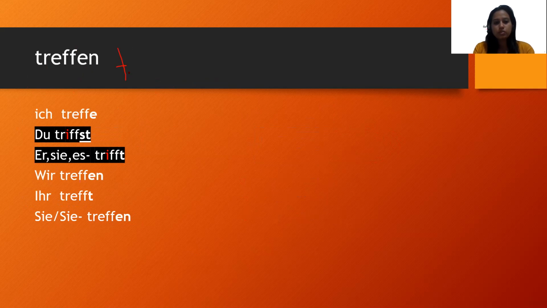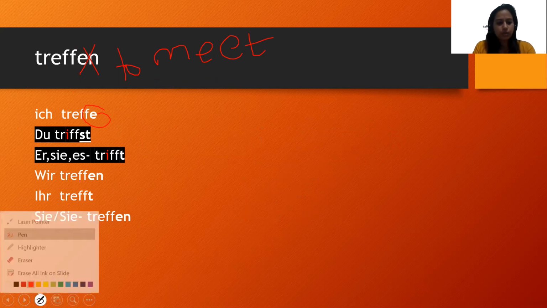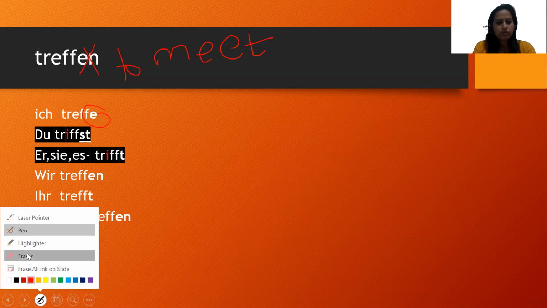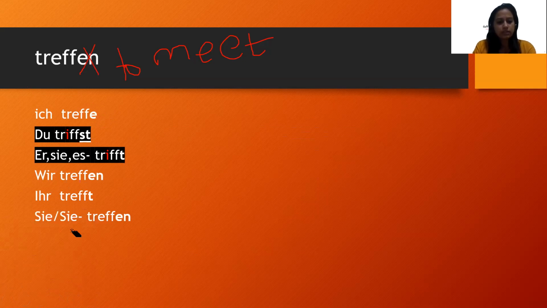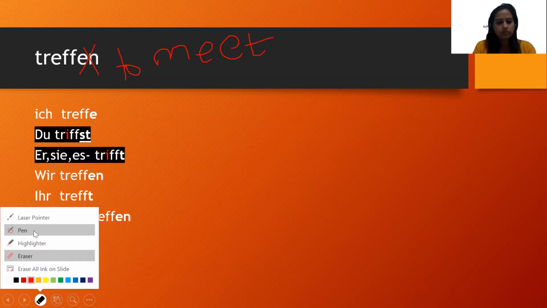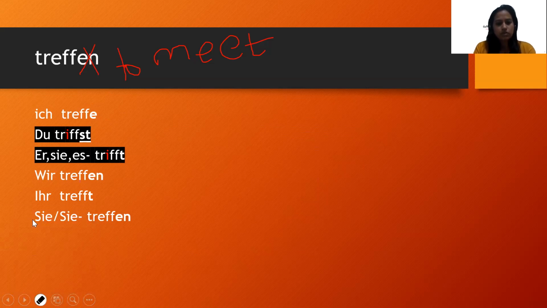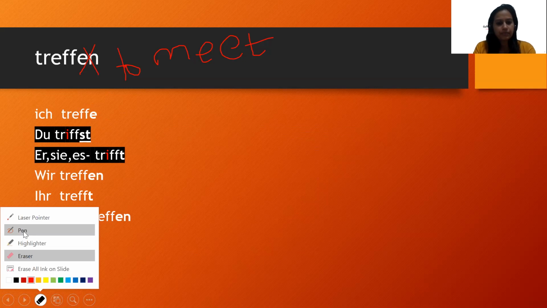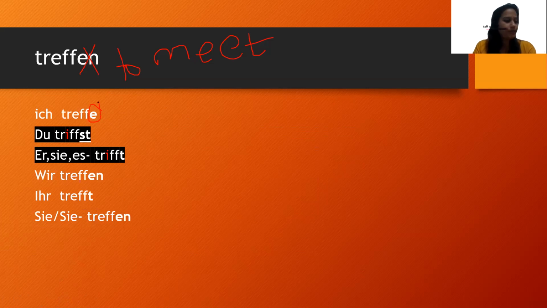Okay, now treffen means to meet. This is my, a bit funny, yeah. So ich treffe, again the original verb, so you need to take this off and then you add e. Yeah, so sorry, I just want to delete it, and then, sorry, yeah, and add an e.